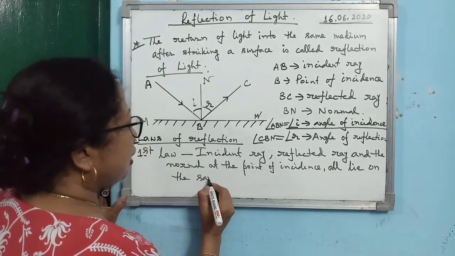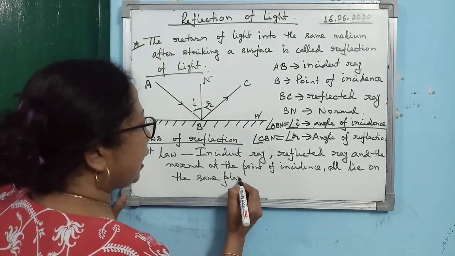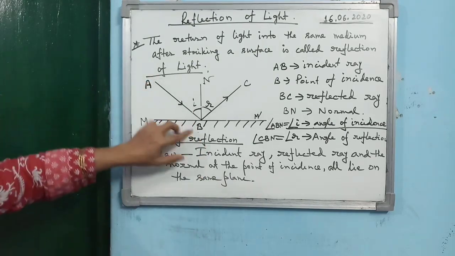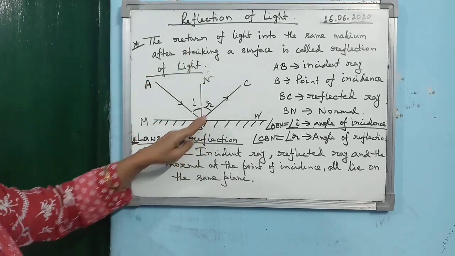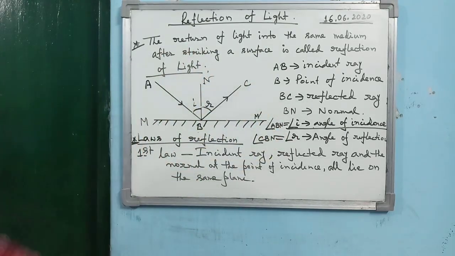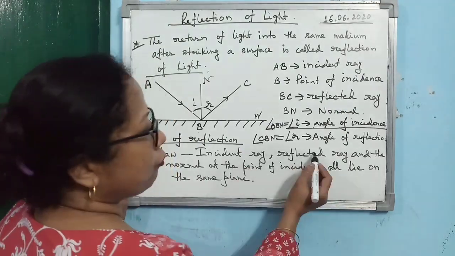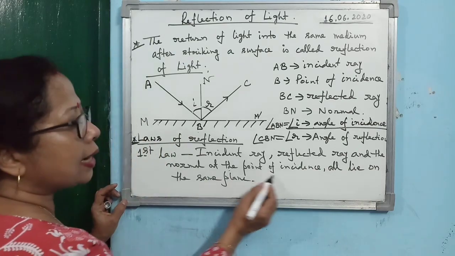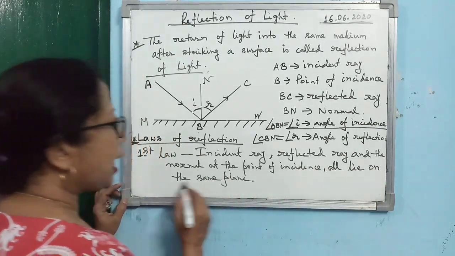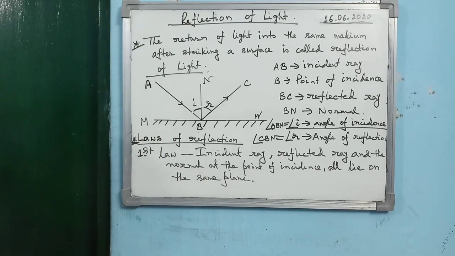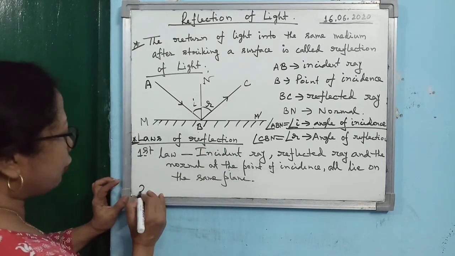Now here you see when I have drawn the diagram, then here the incident ray, the normal and the reflected ray all are lying on the plane of the blackboard. So you can say that incident ray, reflected ray and the normal at the point of incidence all lie on the same plane. This is the first law of reflection.